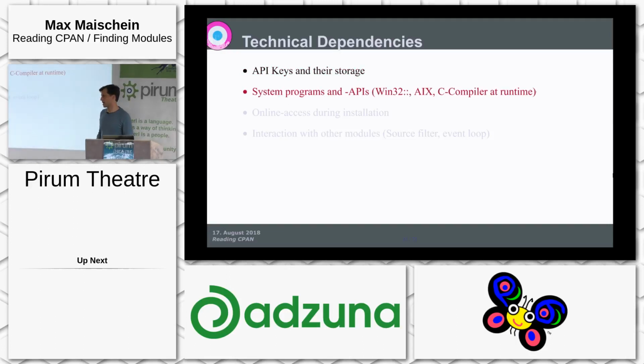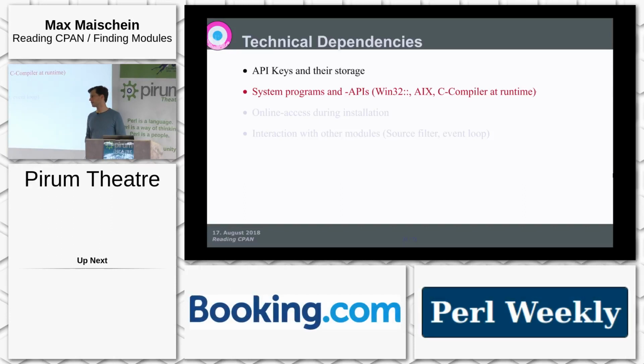Also, some libraries might rely on system programs or maybe operating system APIs like Win32 or AIX. So even though it has a great API and good documentation, the library might simply not work on your operating system, or maybe the library needs a C compiler at runtime, and maybe you aren't allowed to have C compilers on the production machines.